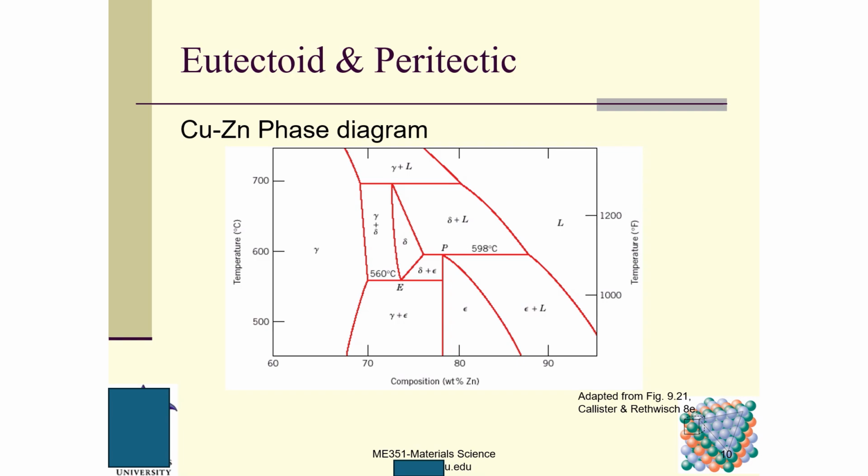First, you should know what eutectoid is. We just talked about eutectoid, right? Eutectoid means that here is one solid, and then we will have two other solids.